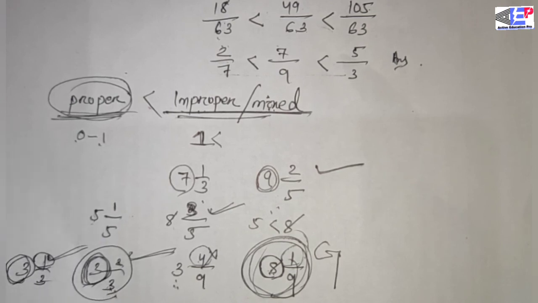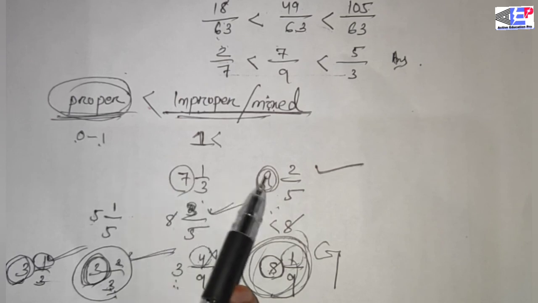Otherwise you have to convert unlike fractions to like fractions. And one more thing, even if they are like fractions, you have to follow the whole part, don't follow the numerator first. 3 rules. First follow the whole parts.